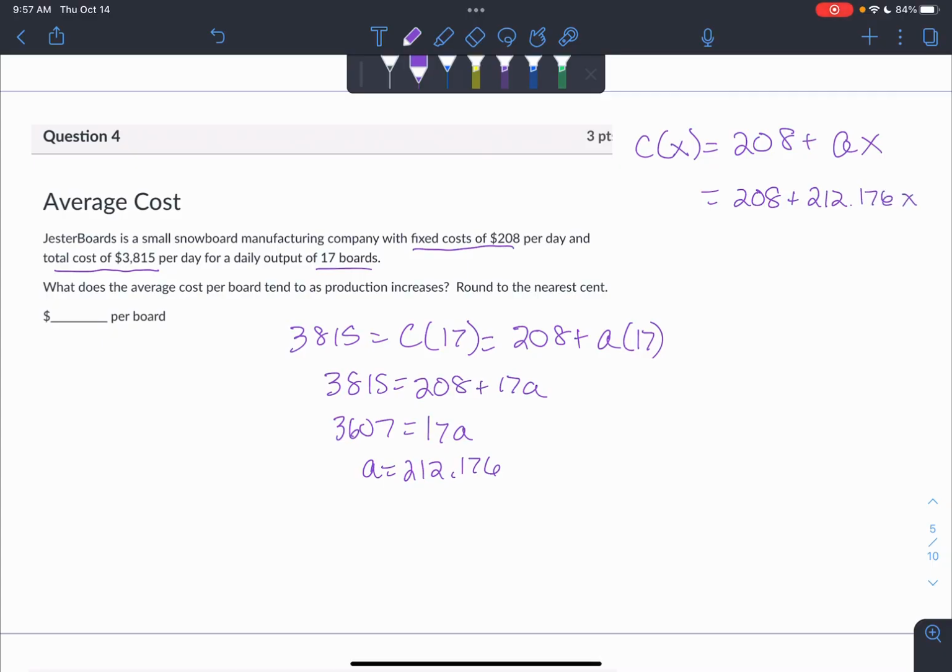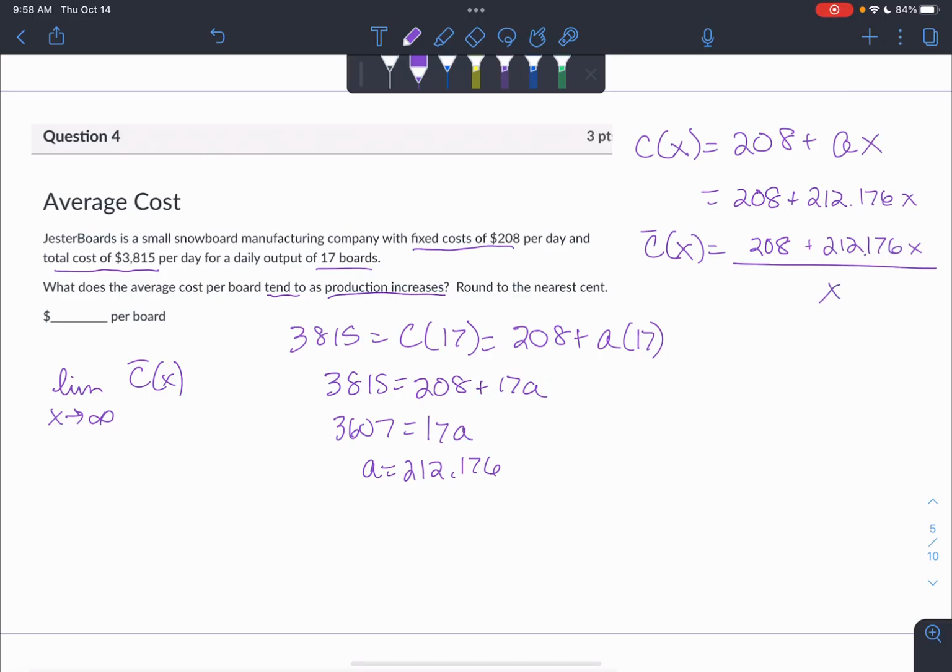212.176x. All right. And then for the average cost per board, how it tends to go as production increases. So it's really what is my limit as x gets really large, goes out to infinity, of my average cost function. So to find average cost, we just divide our cost function by x.